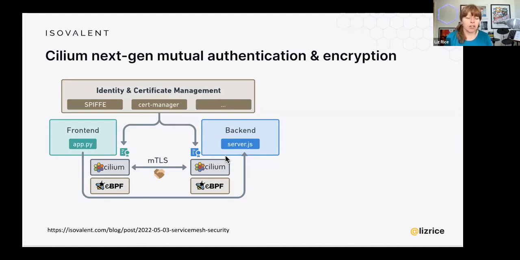So we can take advantage of encryption within the kernel, which is way more performant, but provide the certificates into that encryption from, it could be SPIFFE, it could be cert-manager, whatever certificate management tools the community and our customers are most interested in using. So watch this space for the development of this next generation of encrypted connections.